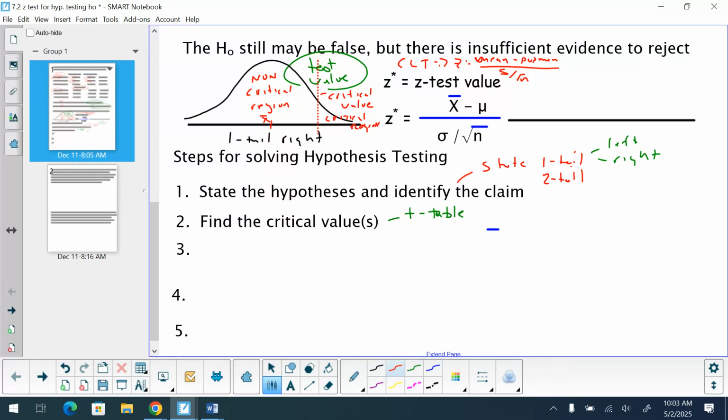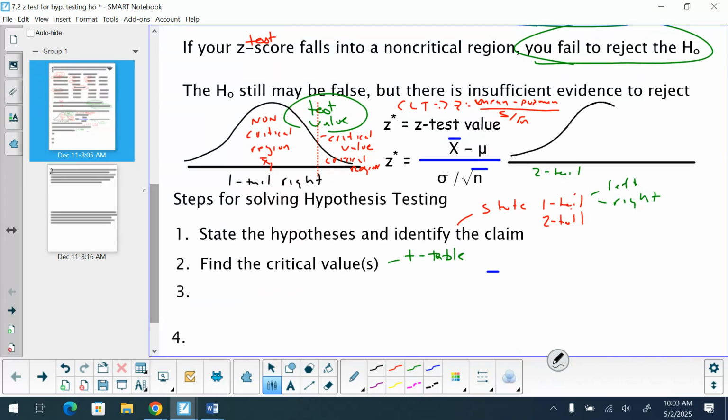If we look at a two-tail, we have our bell-shaped curve again. But now we need two of these tails. Here we just had one tail. It tails off.